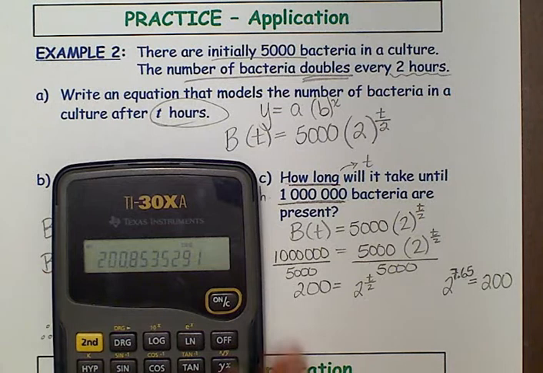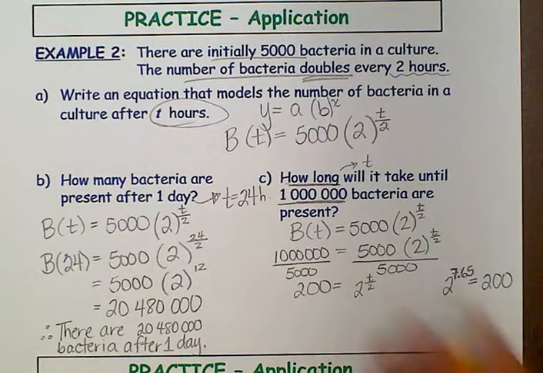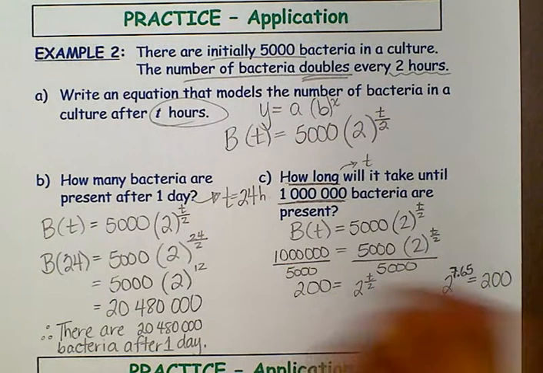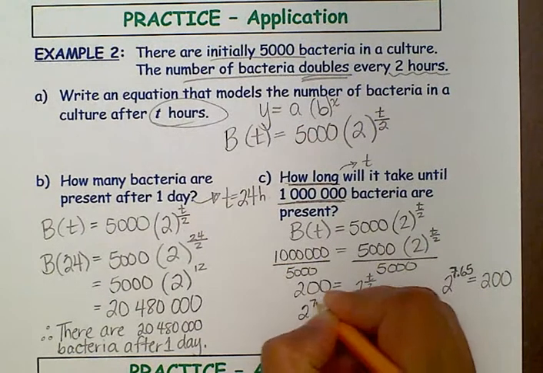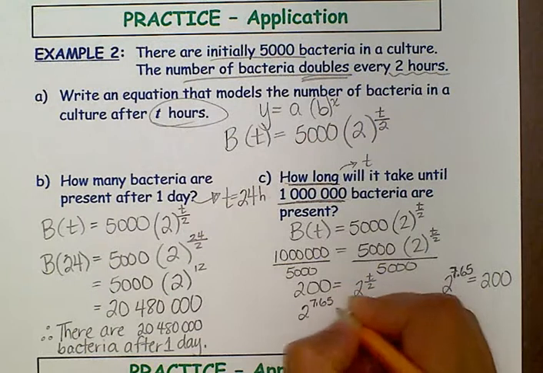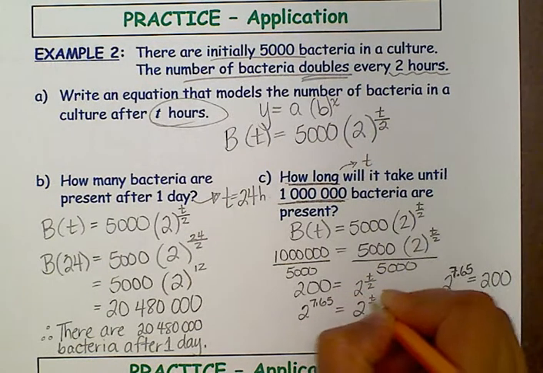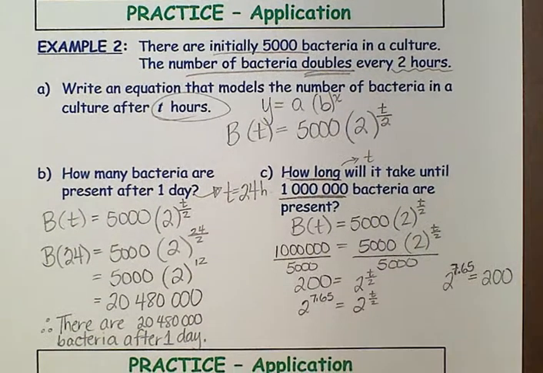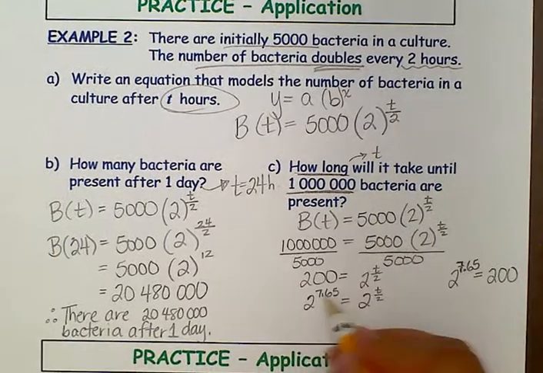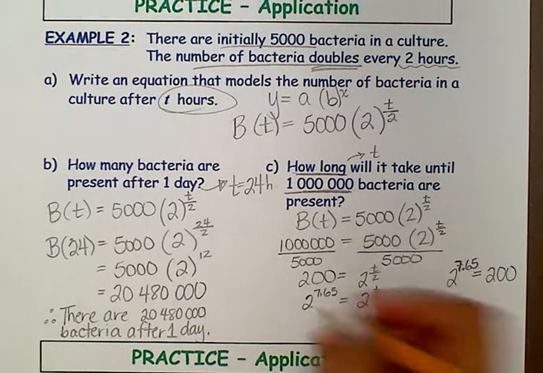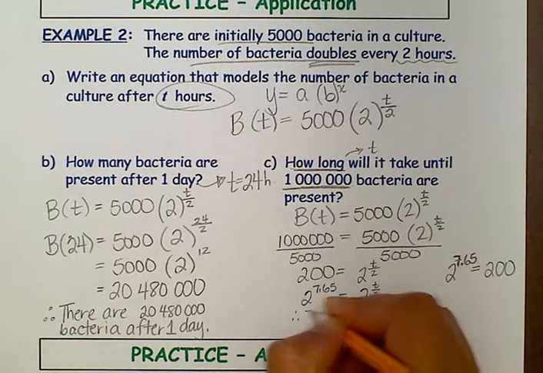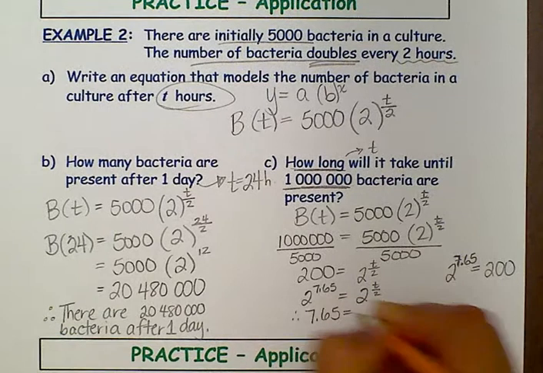Okay? So what that means is I can rewrite 200 as 2 to the exponent 7.65, which is equal to 2 to the exponent t over 2. Because the bases are the same now, I can compare the exponents and ignore the bases. Therefore, 7.65 is equal to t over 2.